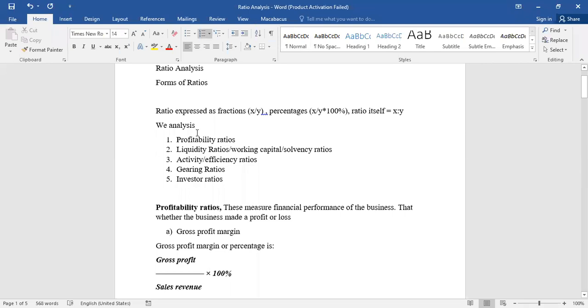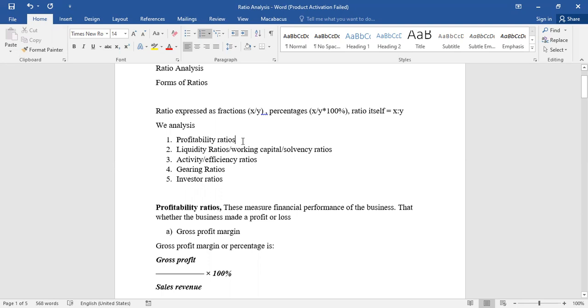As you analyze, you're trying to determine the profitability of the entity. You want to determine the liquidity of the entity. You want to determine the activity or efficiency, not ratios but the efficiency. You want to determine the gearing and investor.